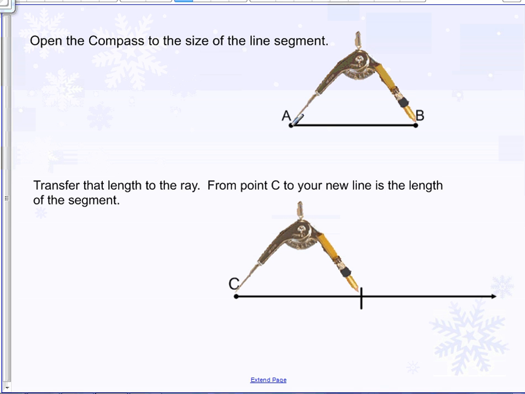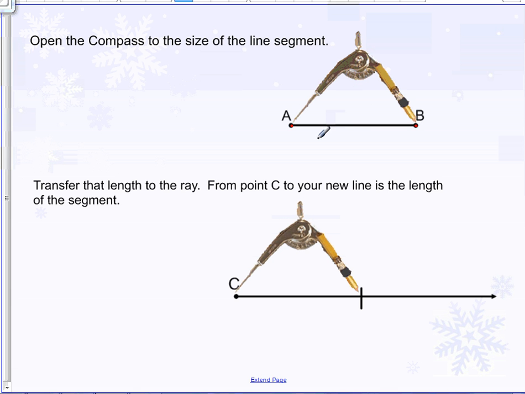So you're going to take the point, put it on A, and stretch the compass out to B. The key thing here is you do not, between transferring the compass from segment AB to ray C, close the compass.